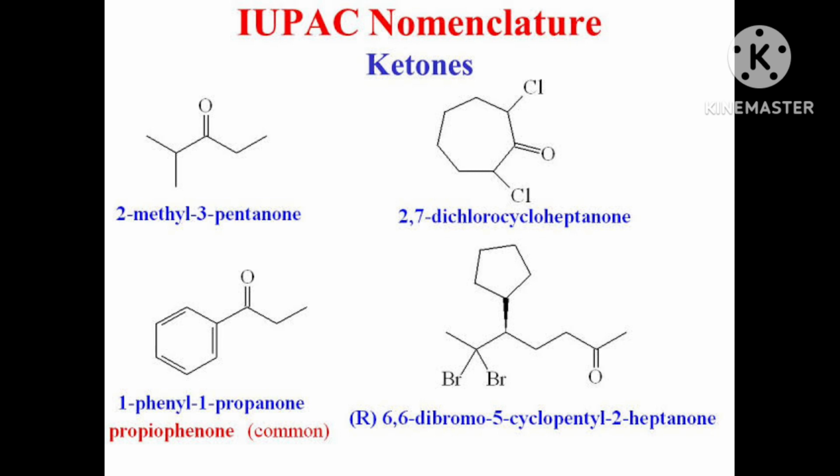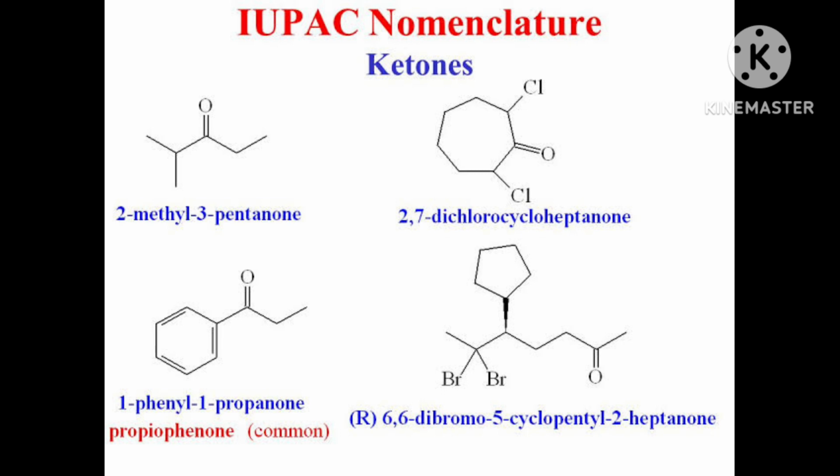Then what will be the common name? Alpha, because with respect to the CO group, you can consider the methyl at the alpha position. Okay, methyl is at the alpha position.